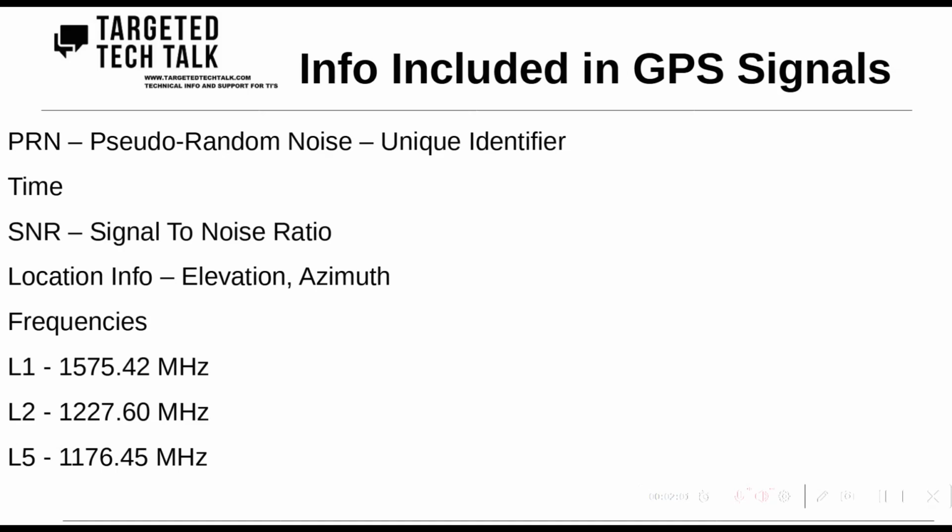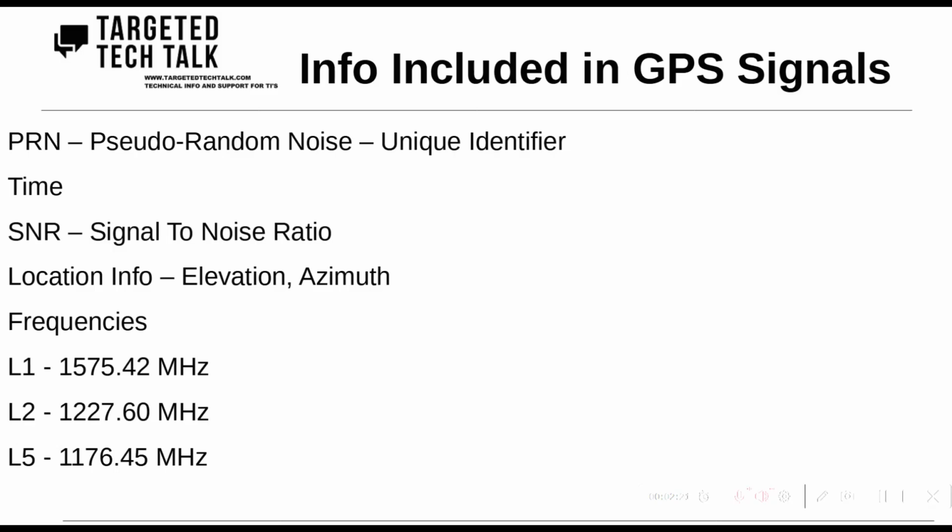Sometimes it does come back with some noise or some invalid data. You have to just scroll past those. So you can have invalid pings here and there, but for the most part, that signal to noise ratio is going to give you the signal strength.